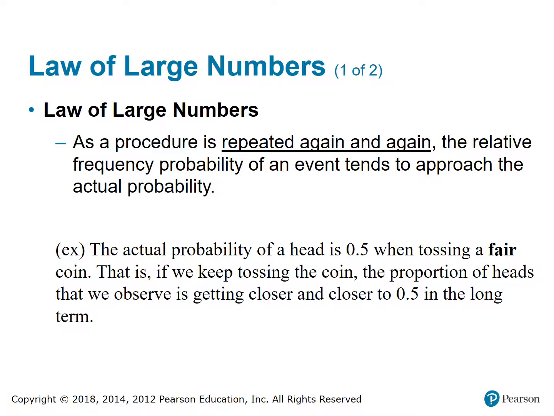No, that's not correct. The next one does not affect the other one, but as you keep flipping the coin, you'll begin to approach the true probability, because each one has its own chance of happening one way or the other.